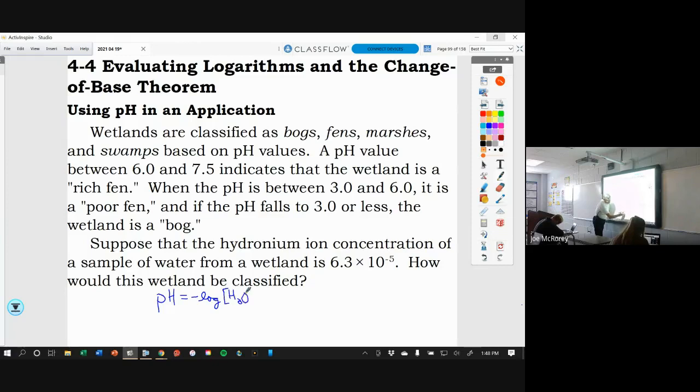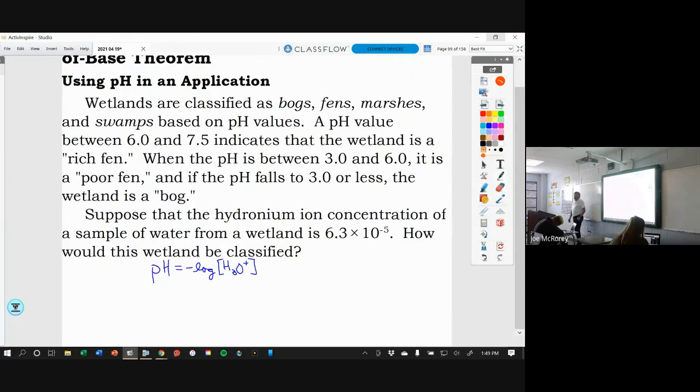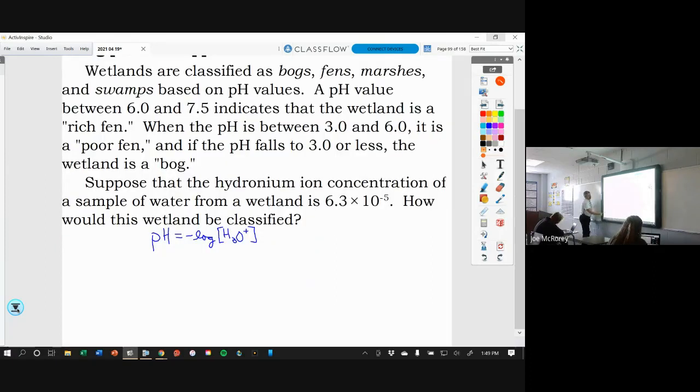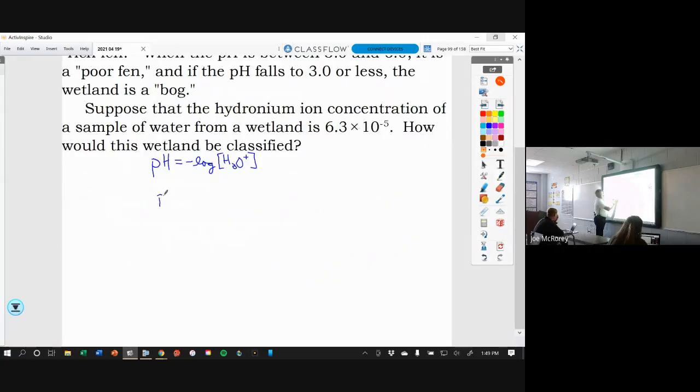How do I work problems? I always write the equation down first, step by step. What information did they give us? The hydronium ion concentration. So pH equals negative log of 6.3 times 10 to the negative fifth power.